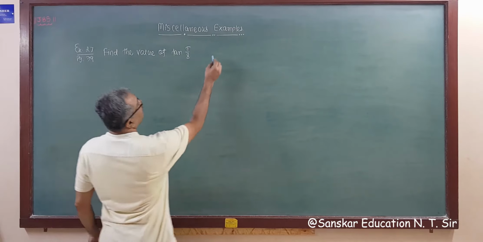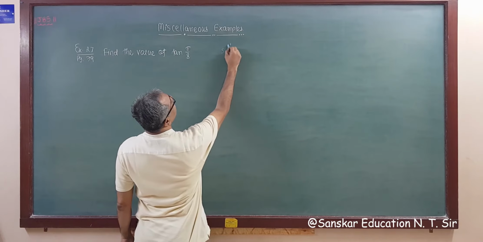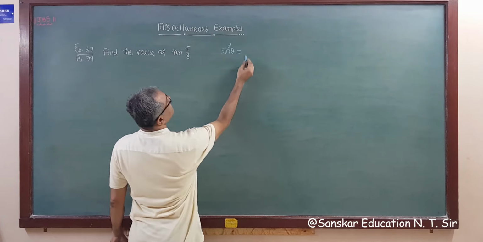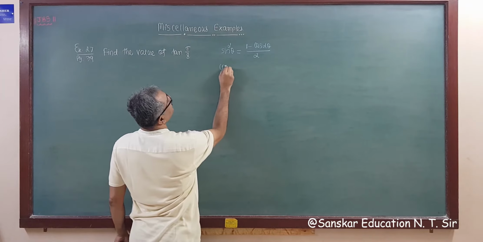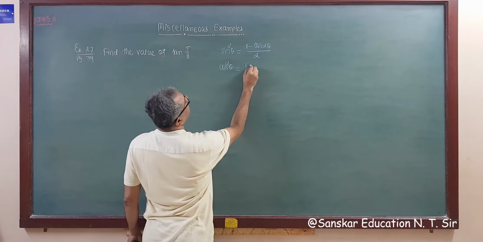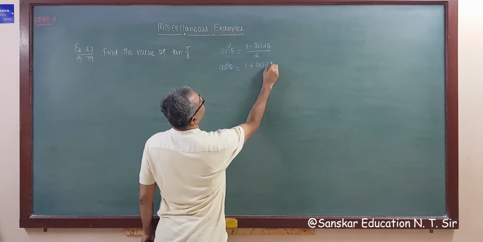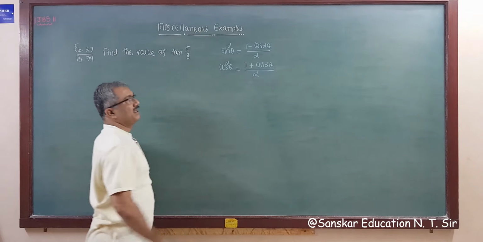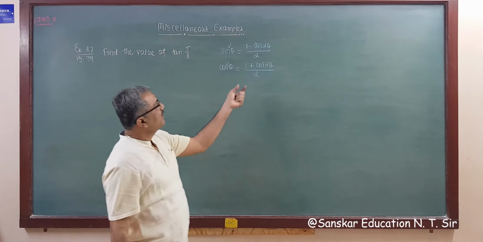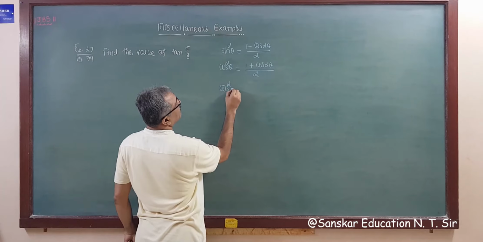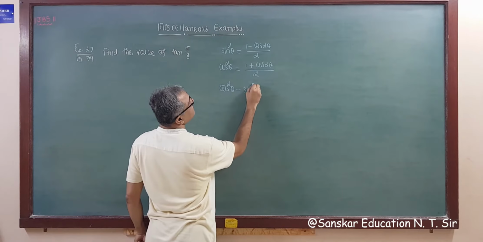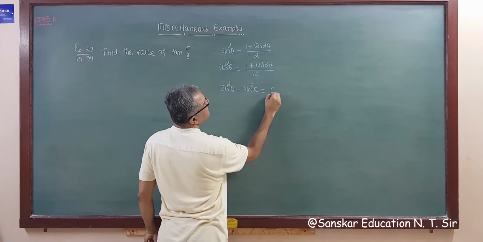So before that, we have one formula, sin square theta is equal to 1 minus cos 2 theta by 2, and cos square theta is 1 plus cos 2 theta by 2. These are two formulas. Basically, this comes from the formula cos 2 theta is cos square theta minus sin square theta.